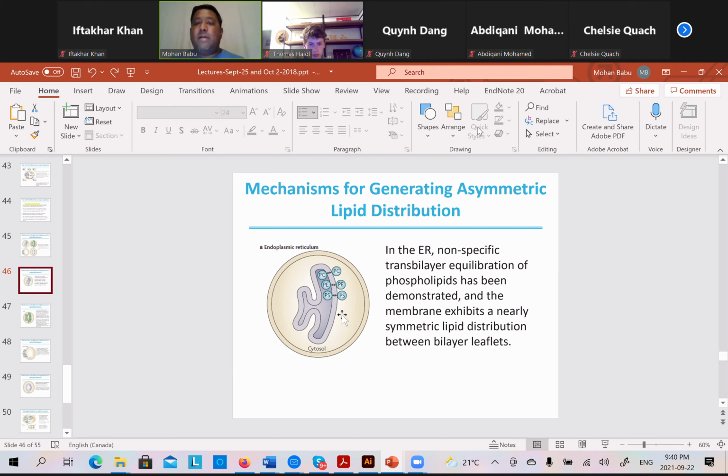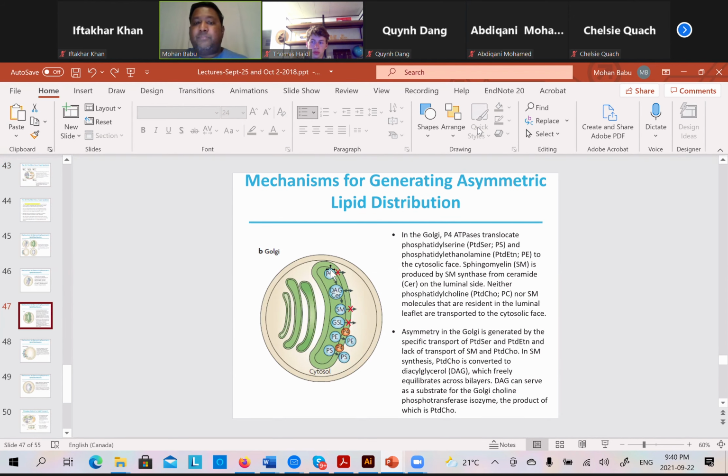But the sphingomyelin is produced by the enzyme called sphingomyelin synthase. So now if you look at this one, this is coming from phosphatidylcholine. The phosphatidylcholine, in both ways, can go to diacylglycerol or ceramide, but the sphingomyelins are actually formed from ceramides. Okay, you can see that the arrow is going only in one direction here.